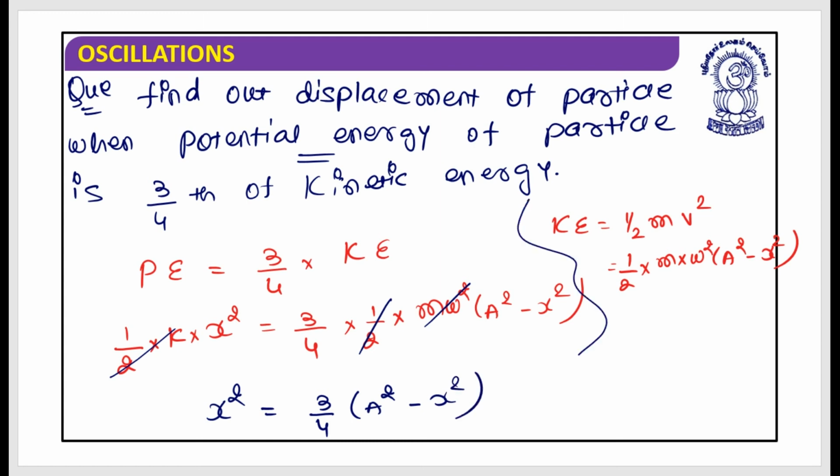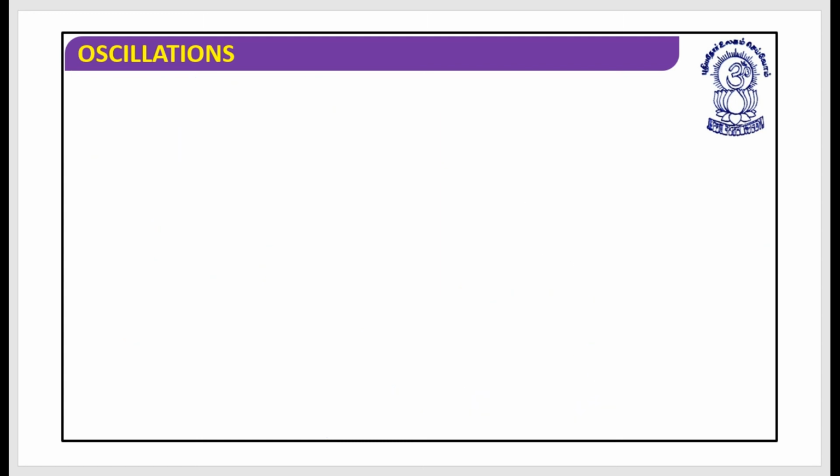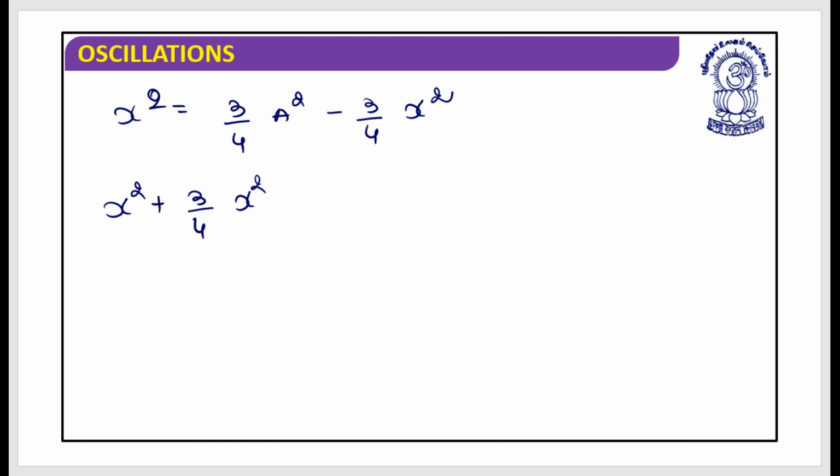If I solve this, x square is equal to 3/4 a square minus 3/4 of x square. So x square plus 3/4 of x square is equal to 3/4 of a square. So 4 plus 3, 7/4 into x square is equal to 3/4 of a square.